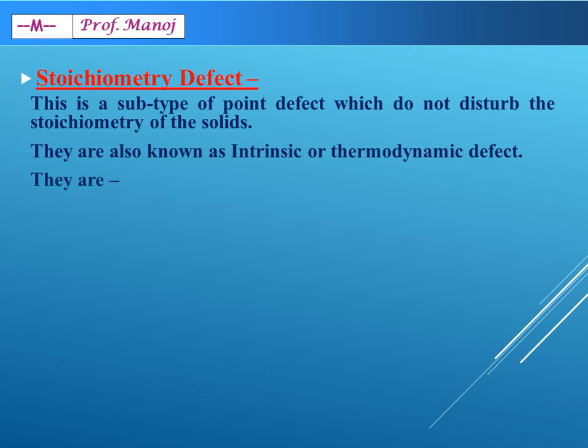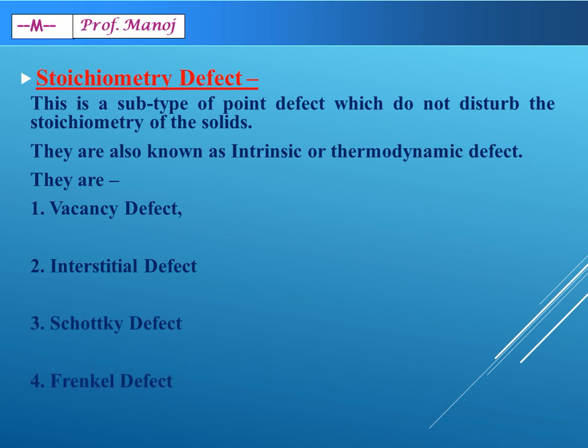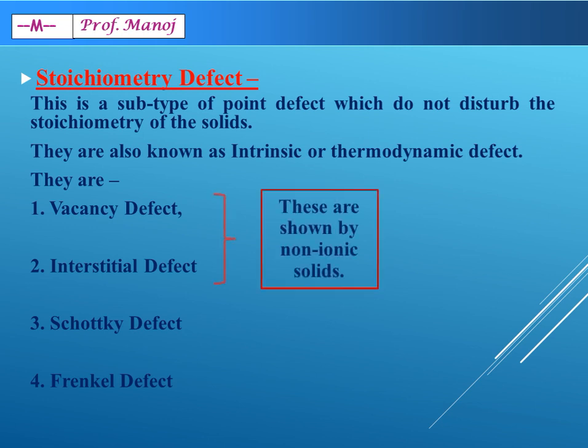These are of the following types: vacancy defect, interstitial defect, Schottky defect, Frenkel defect. What is the basic difference? The first two, vacancy and interstitial defects, are shown by non-ionic solids, while Schottky and Frenkel defects are shown by ionic solids. Let us begin with all these four defects one by one.